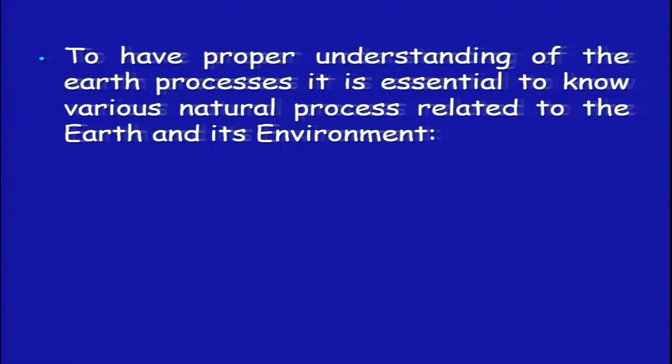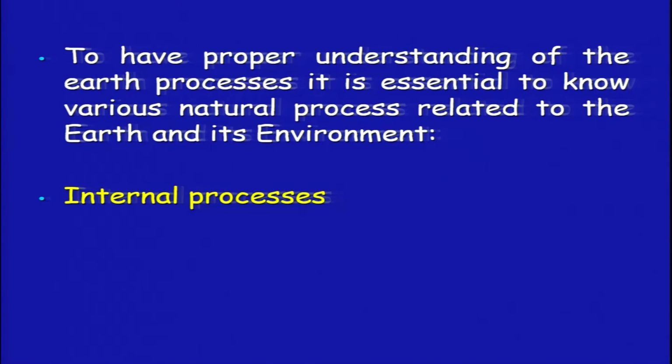To have a proper understanding of Earth processes, it is essential to know the various natural processes related to the Earth and its environment. We collectively take it as a system and its environment, and we talk about the different systems within the Earth system: atmosphere, hydrosphere, geosphere and biosphere.